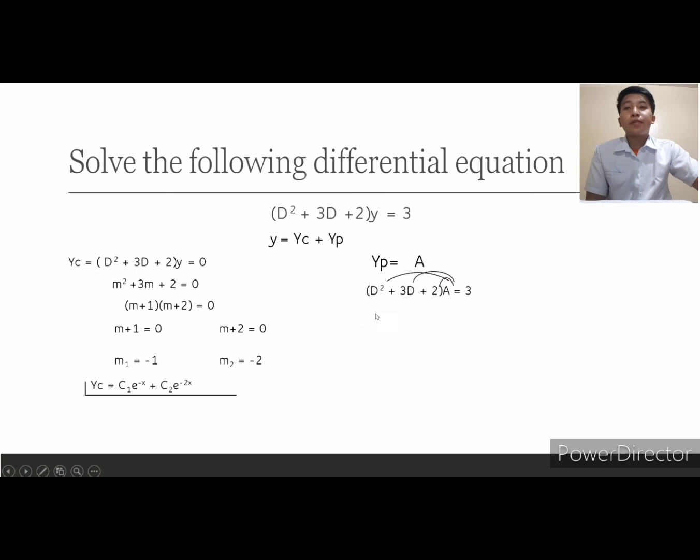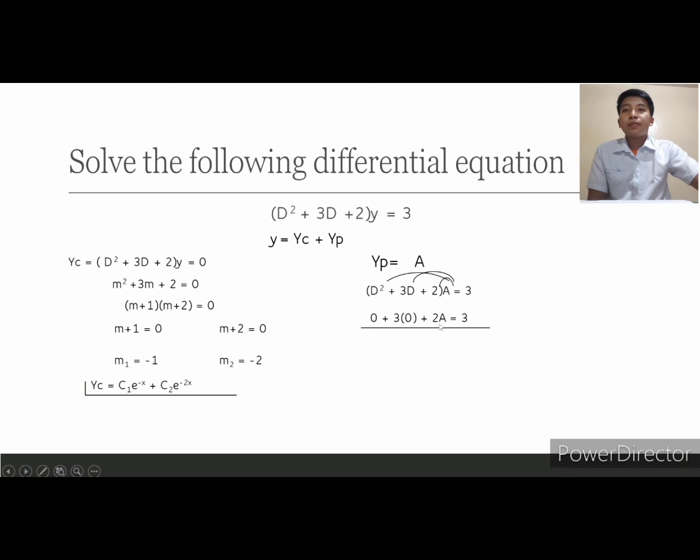So ang first derivative po ng constant is 0. So 0, second derivative po ng 0 is 0 pa rin. Kaya po 0 plus 3, tapos ano po ang derivative ng constant? 0 po ulit. Then plus 2a. Ayan na po. So 0 + 3 times 0 + 2a = 3.